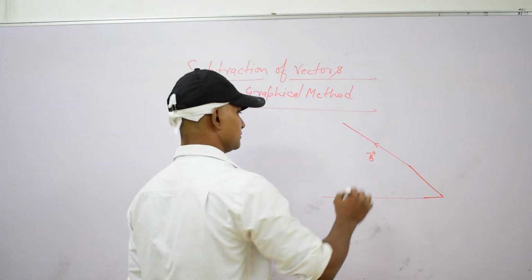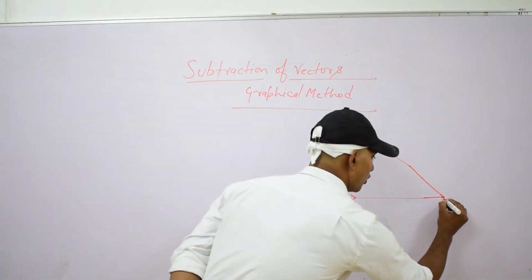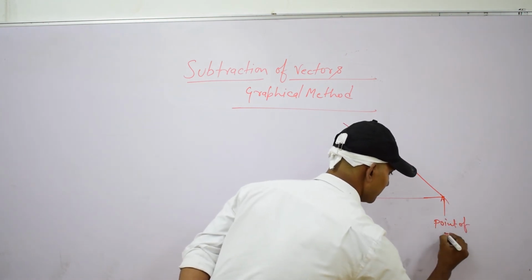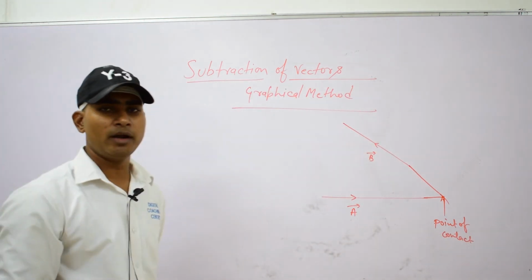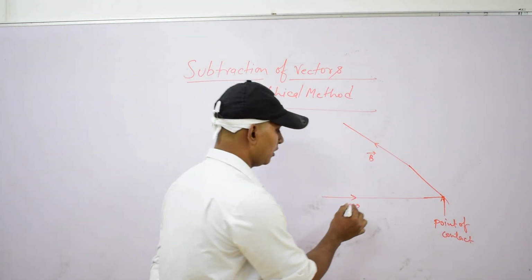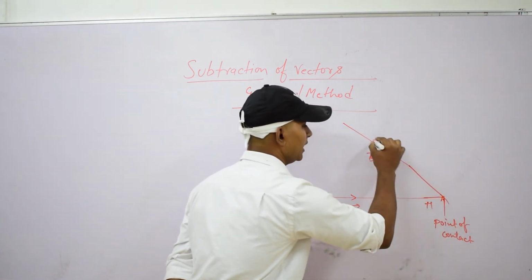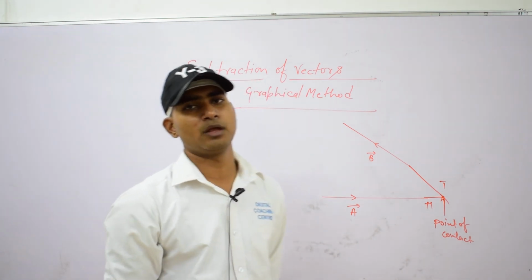At this particular point, this is called the point of contact. At this point in normal addition, one vector's head and another vector's tail should be added.